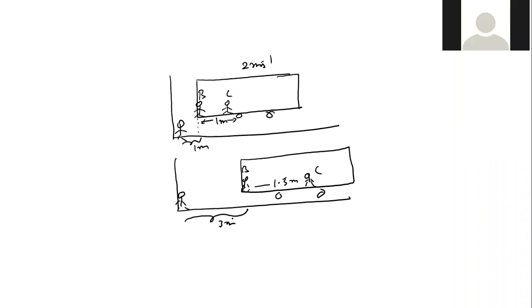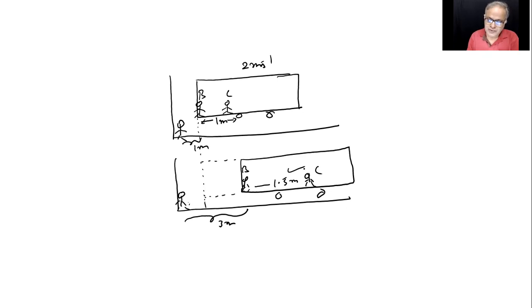So with respect to B, C moved 0.5 in 1 second. With respect to A, he moved how much? 4.5 meters. Did he move 4.5? No. The bus was initially here. This was the position of the bus.